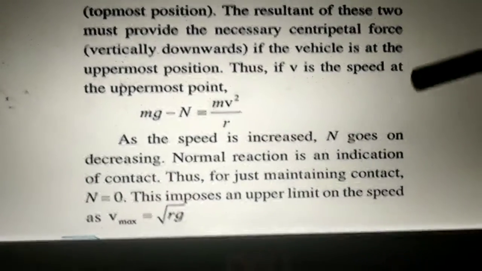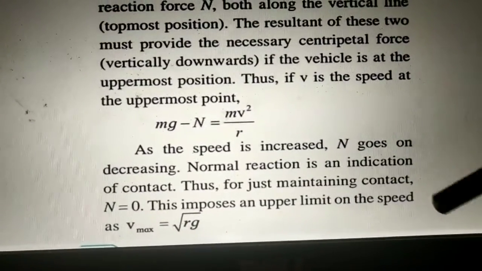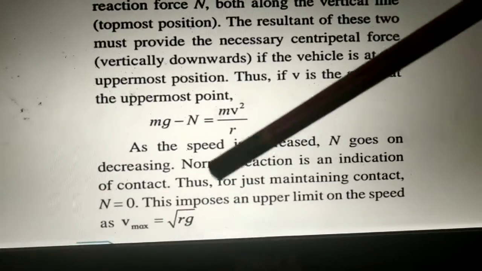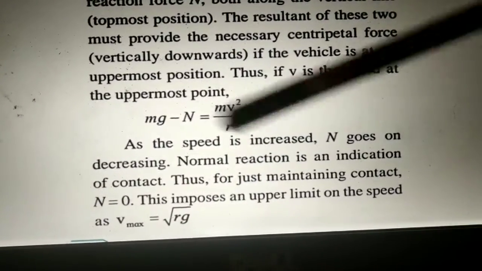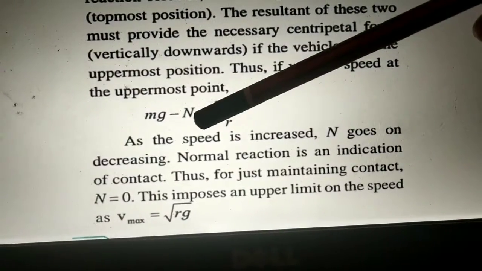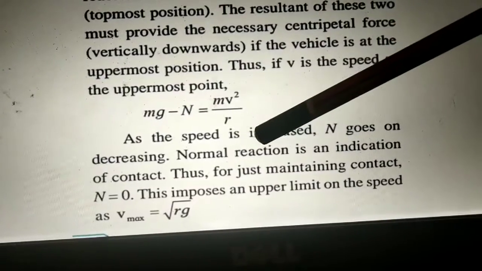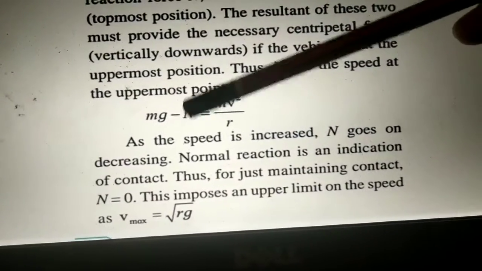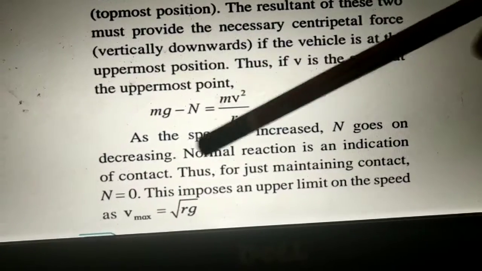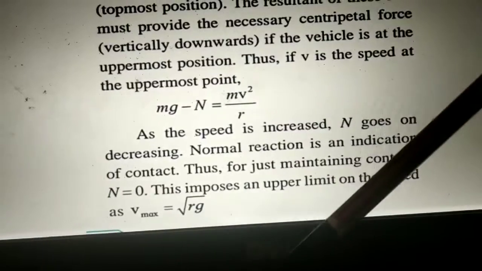For just maintaining contact, suppose N is equal to 0. Then V max, we take max because speed is increasing, with N equal to 0, m and m get cancelled, so V square will be only rg, or V max will be under root of rg.